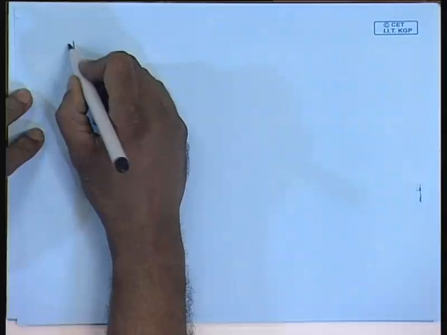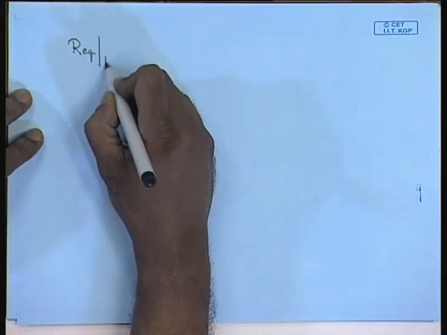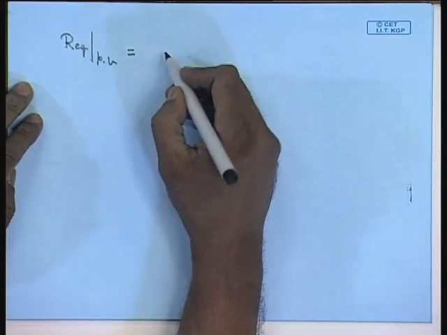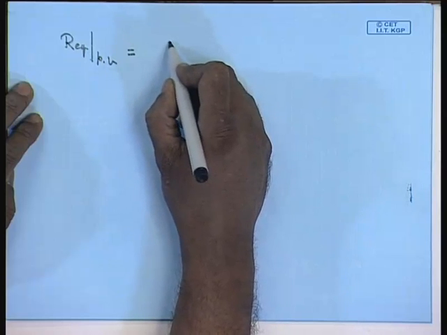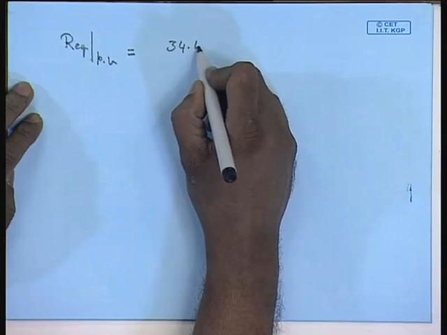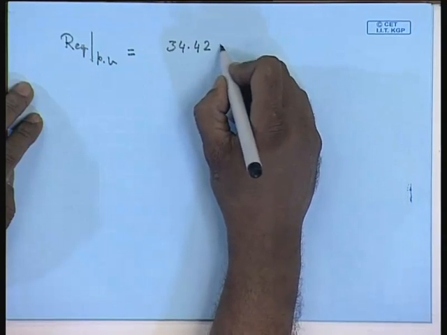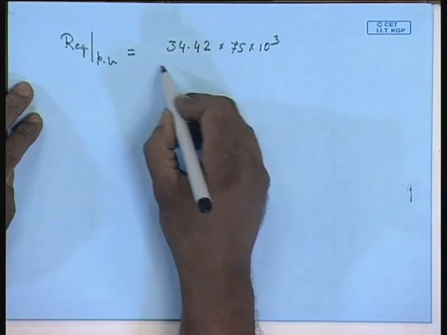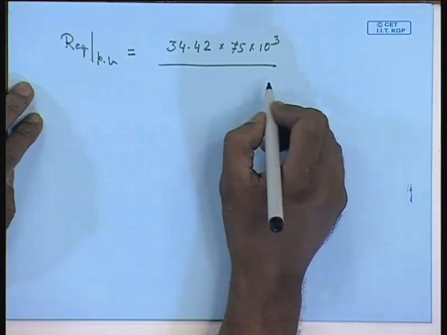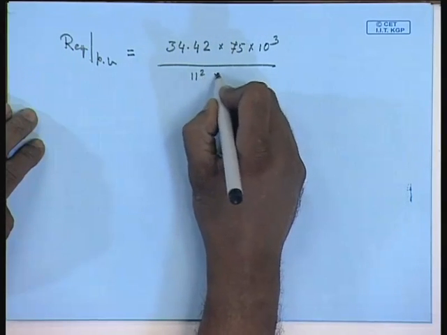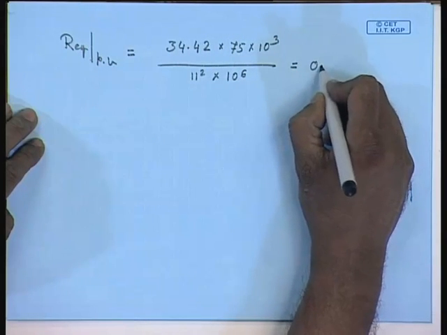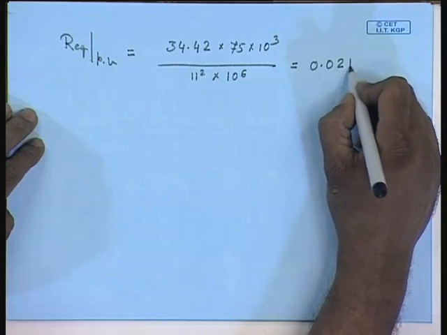Therefore, Req per unit equal to 34.42 into kVA base divided by voltage base square, this gives 0.0213.